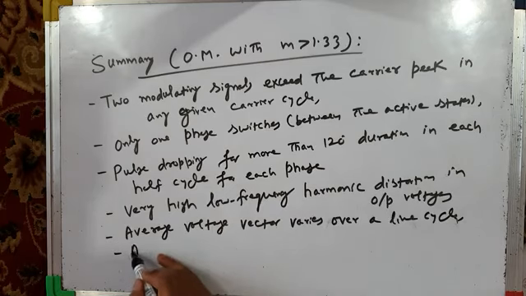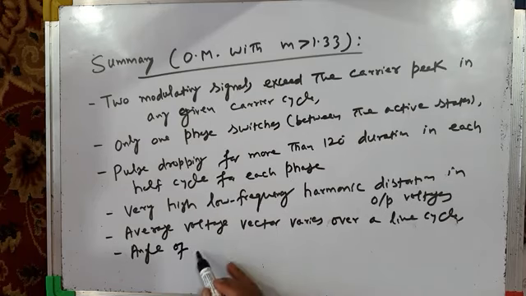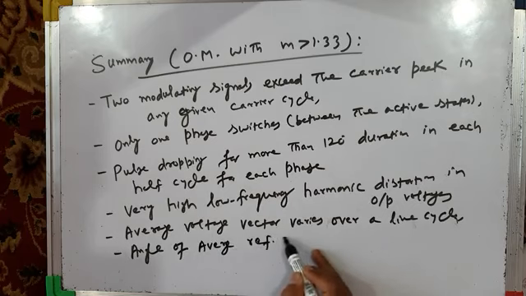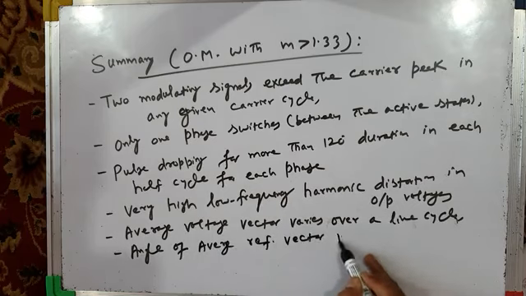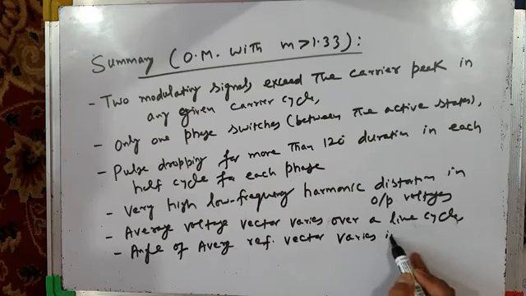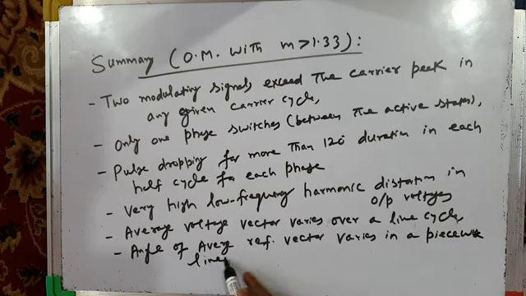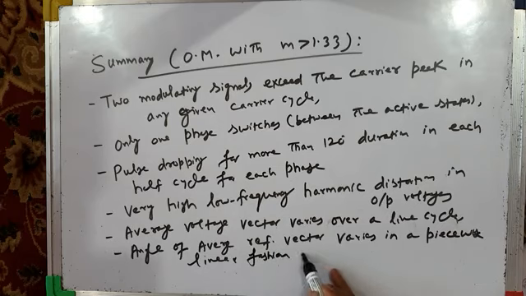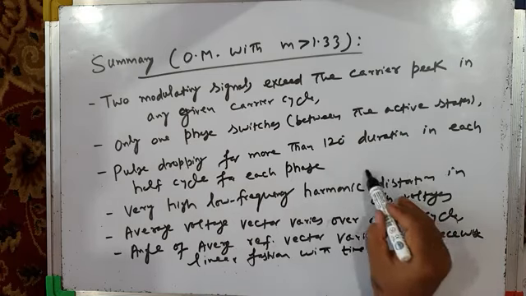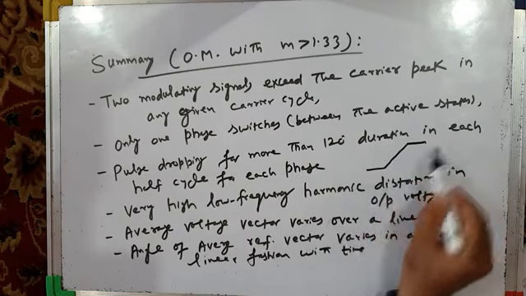Then what about angle of rotating reference vector? Angle of average reference vector varies in a piecewise linear manner, piecewise linear fashion with time, or with fundamental angle with time. You have seen it varies like this, piecewise linear manner.